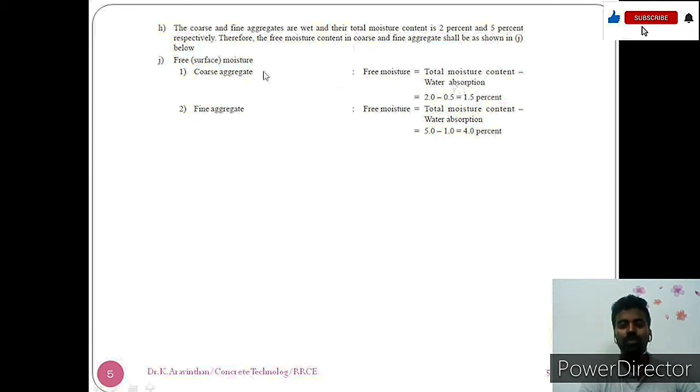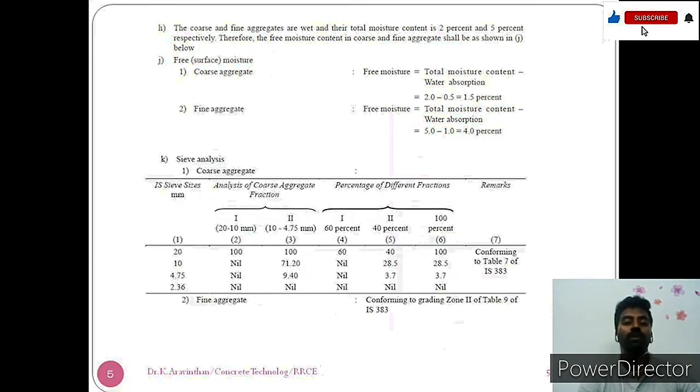For coarse aggregate the water absorption is 0.5, so the free moisture is 1.5. For fine aggregate, the total moisture content is 5% and water absorption 1%, hence the free surface moisture is 4%. This we will be using at the end of mix proportioning to fine tune the amount of water.